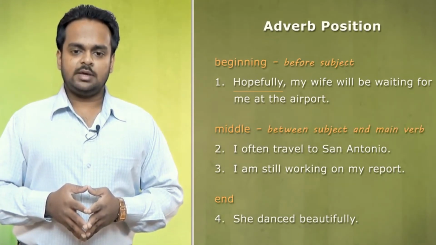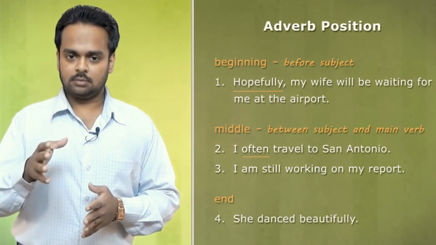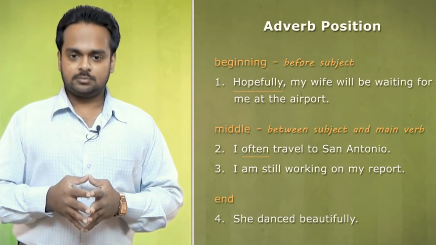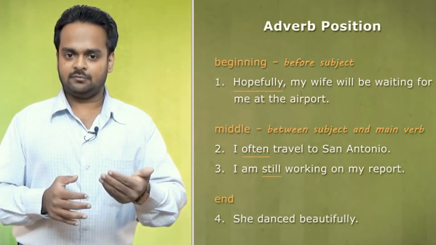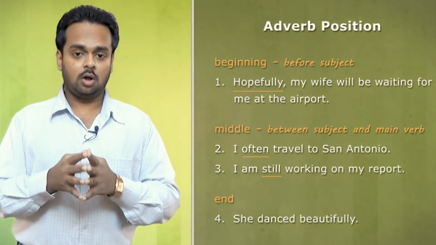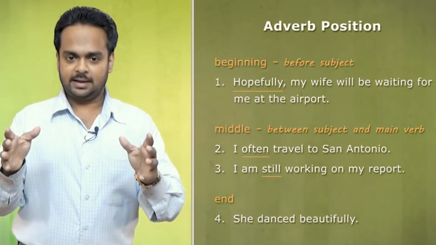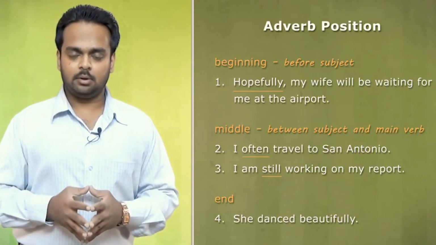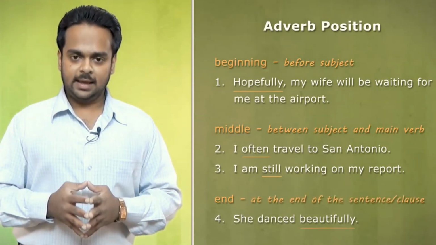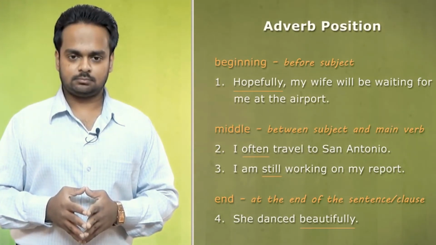In number 2, the adverb often comes directly after the subject I and before the verb travel. In number 3, the adverb still comes after the helping verb am and before the main verb working. But this is still called the middle position because it's not in the beginning or at the end. And in the last example, you see an adverb in the end position or at the end of the sentence or clause. The adverb beautifully.